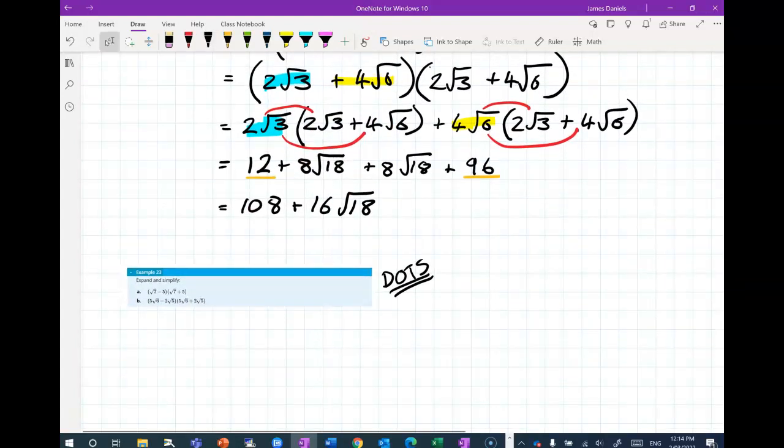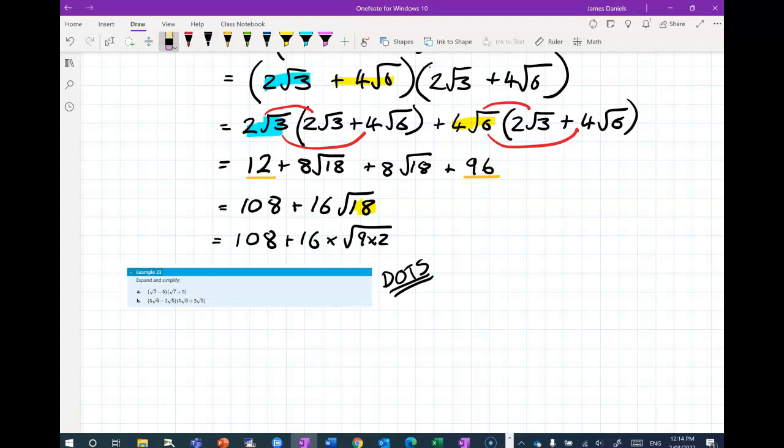This question hasn't been finished because the square root of 18 can be simplified to 9 times 2. So I'm going to add an extra step in here. 108 plus 16 times the square root of 9 times 2. The 9 times 2 makes up the 18.